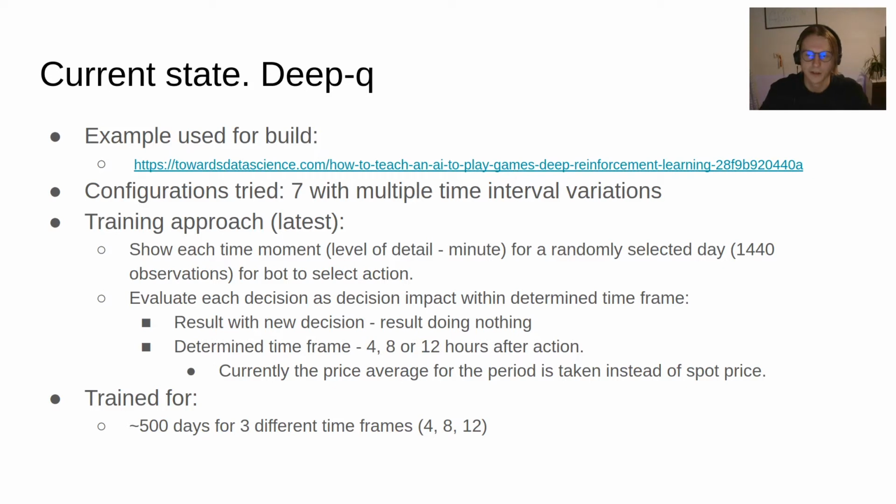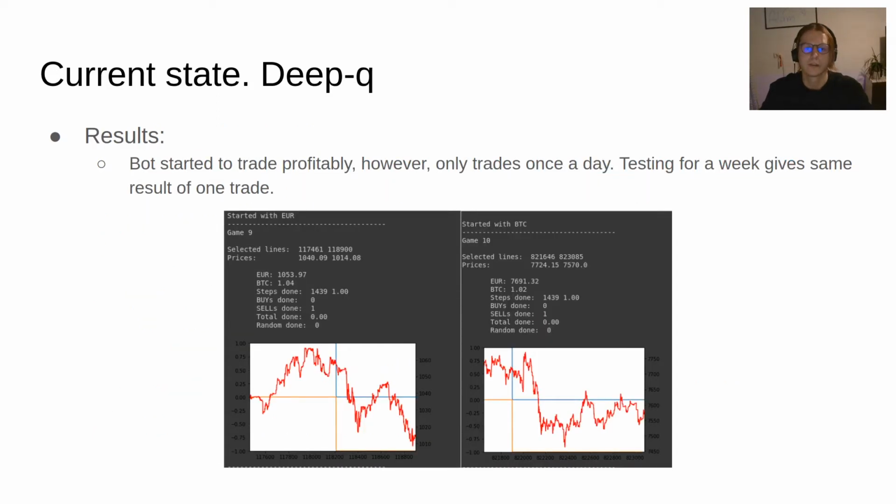So based on that logic, I trained the bots on 500 days. And the results are a bit better than the NEAT ones. So it actually is profitable on most of the days, or at least it doesn't lose any money.